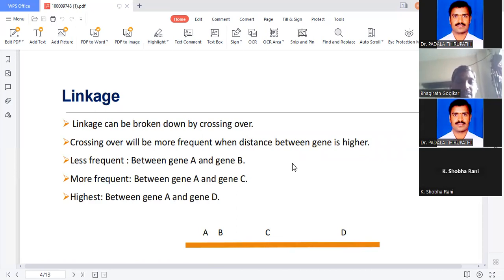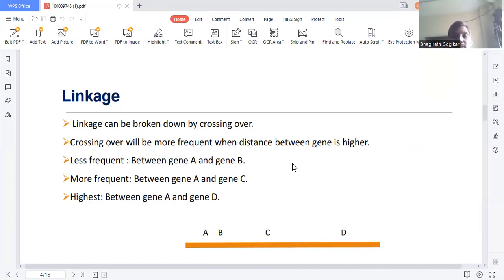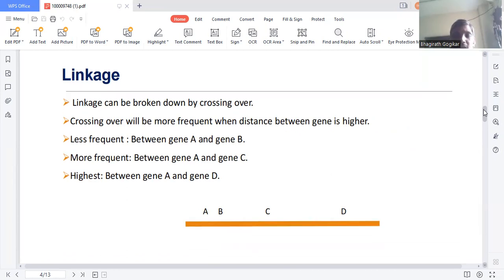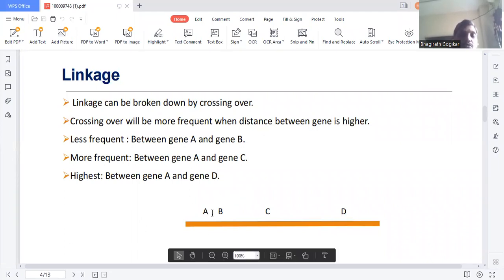Yes, sir. Crossing over will be more frequent when the distance between genes is higher. So what type of genes generally undergo crossing over? A and B genes are very close on the chromosome, so there is a lower frequency of separating these two genes.